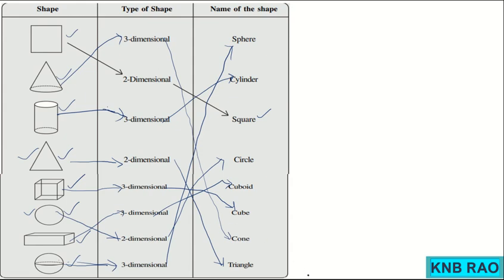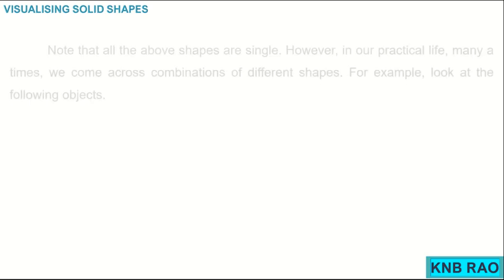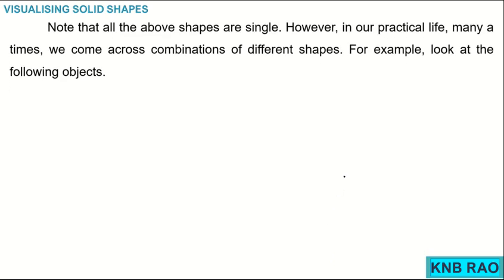So these were what you have learned earlier. Now coming back to the important note, note that all the above shapes are single. However, in our real life, many a times we come across combinations of different shapes.